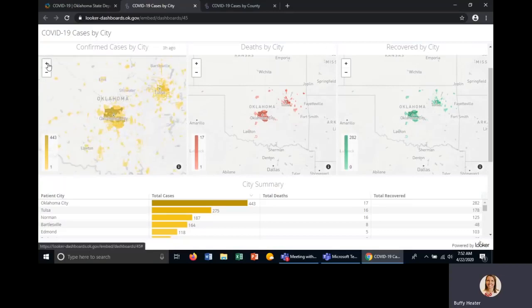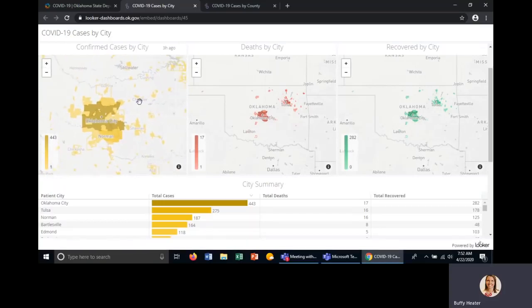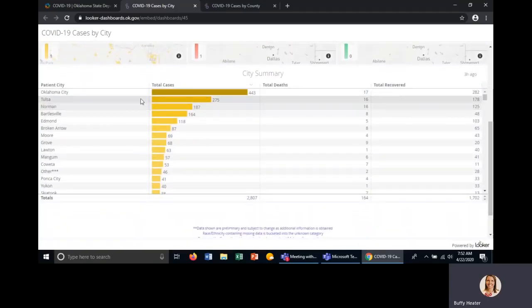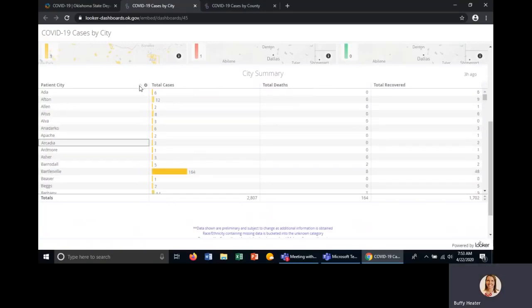On these maps, you're able to zoom in if you are interested in a particular city. And again, by clicking on that city, you would be able to see the total number of cases. The data tables that follow have the same features of providing counts per city, as well as your ability to sort alphabetically to look for a specific area.